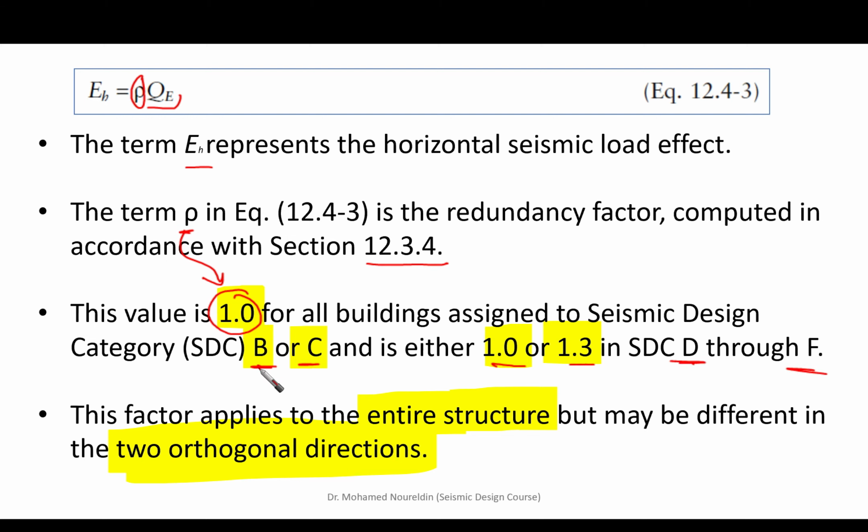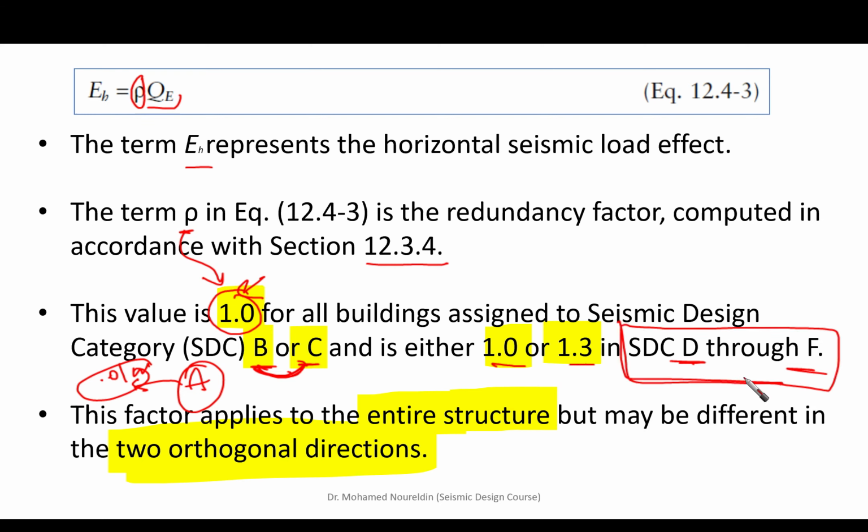So if we have B or C, of course for A we are not designing for seismic, we are just applying 1% of the weight, that's it. For B and C, we take it as 1, and it is either 1 or 1.3 for some cases between seismic design category D and F, based on the condition.